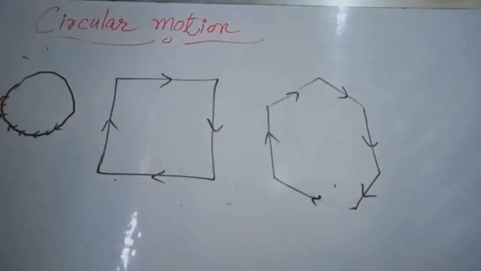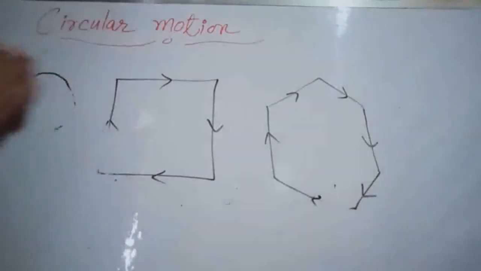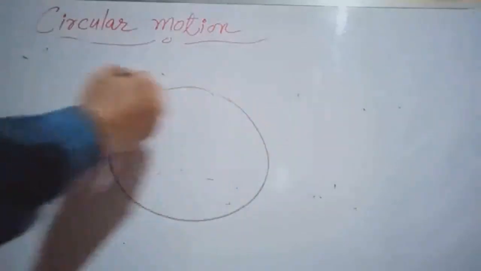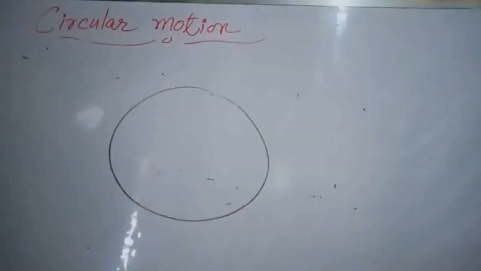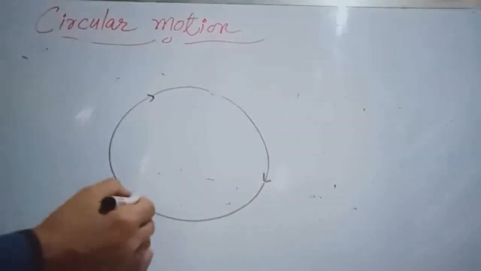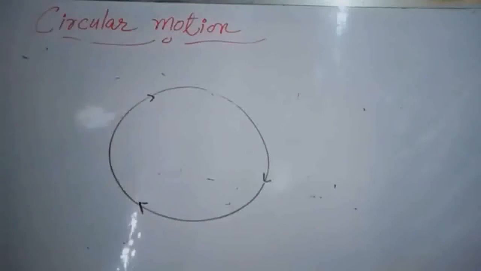And if we go on increasing the sides of this polygon, we will get a track which is like this. And here the body will change its direction at every point.